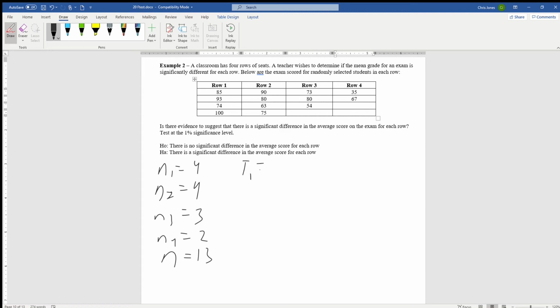The totals, we're going to have 4 totals. And then we're going to have a sum of x, which is going to be the total of all the totals. So I'm going to show you how to get T1 and then the rest can follow suit. So T1 is 85 plus 93 plus 74 plus 100. And if we throw that in our calculator, just give me a moment.